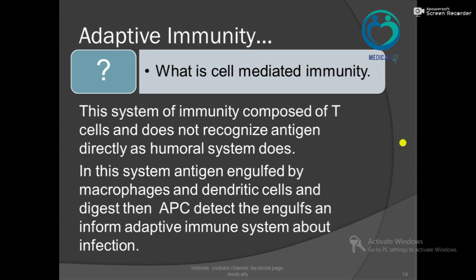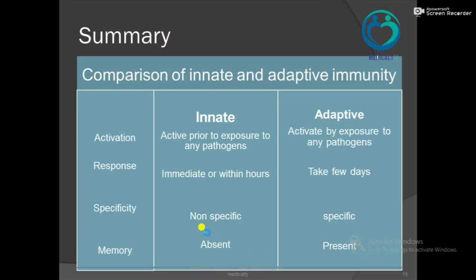In this system, the antigen is engulfed and digested by macrophages and dendritic cells. Then APCs, antigen presenting cells, detect the engulfed material and inform the adaptive immune system about the infection to let it take action against microorganisms.